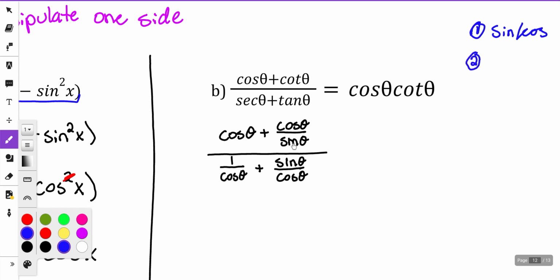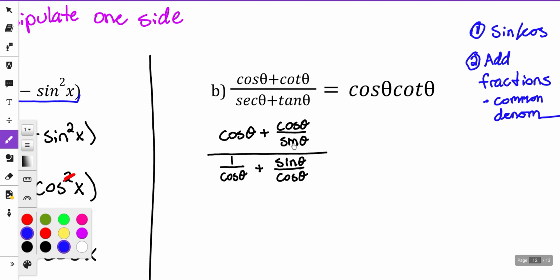You are going to add or subtract any fractions that you have. I didn't have any in the last question to add or subtract, but on this one I do. So I'm going to add or subtract my fractions. To do that, I need a common denominator. I'm going to add the numerators together first.